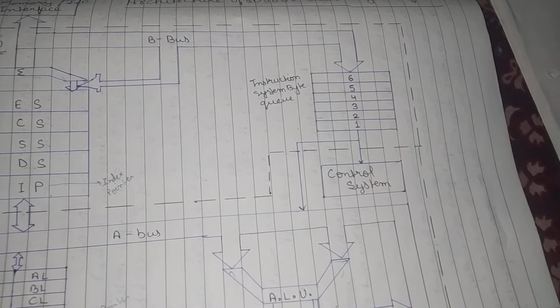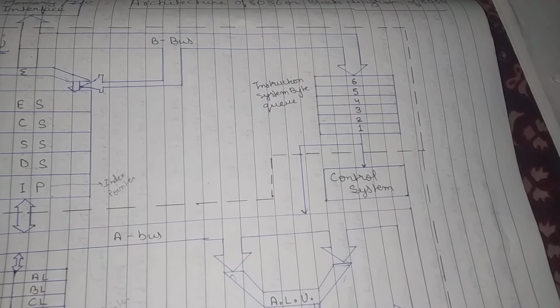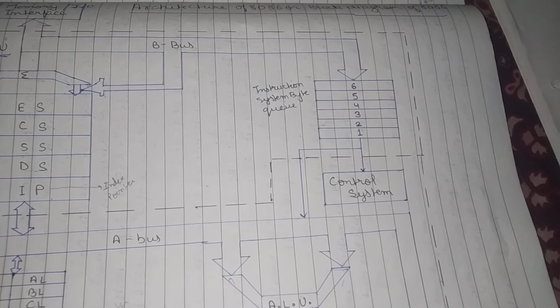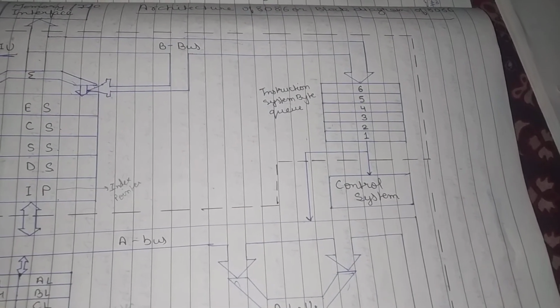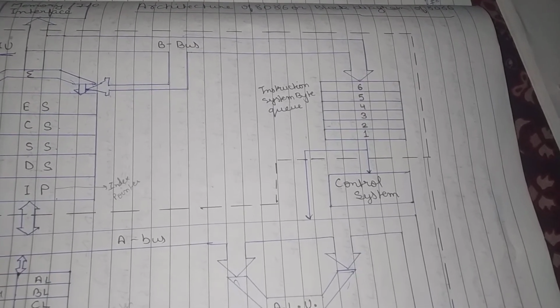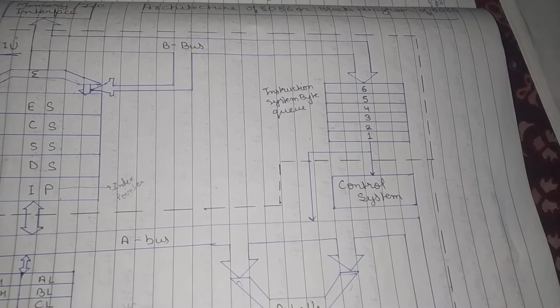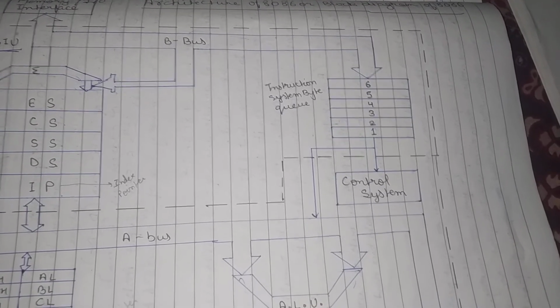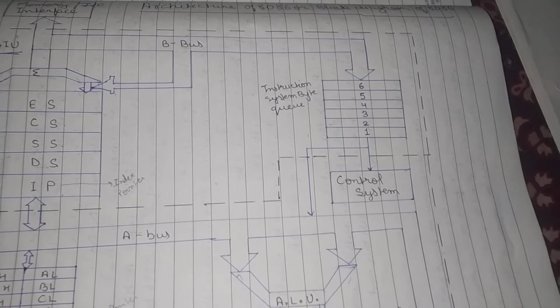That process takes much time. Fetching and execution cannot take place simultaneously in 8085. In 8086 it is possible. The process of simultaneous fetching and execution is known as pipelining.